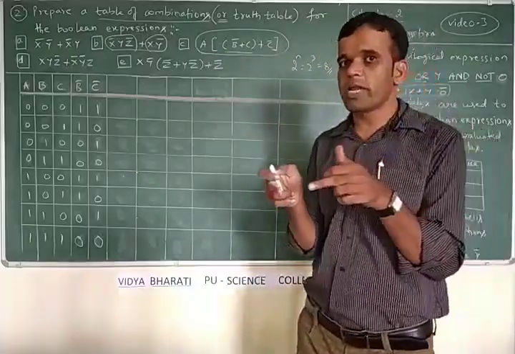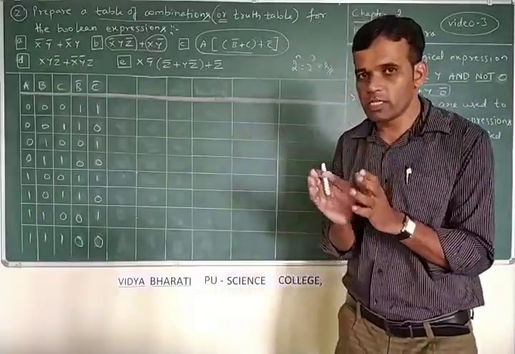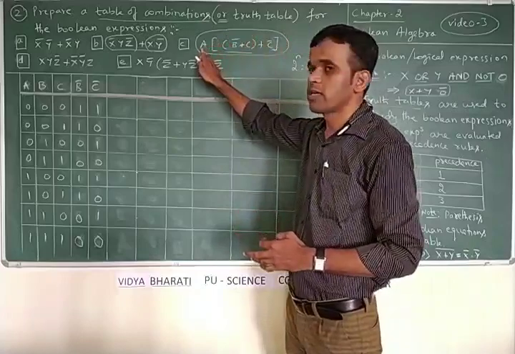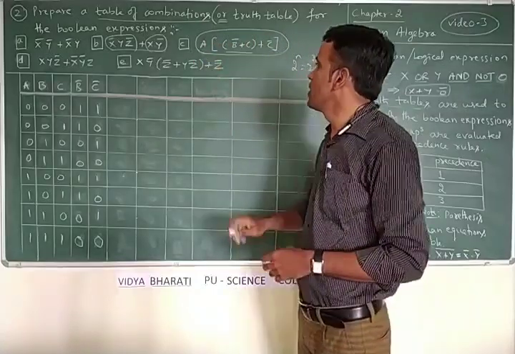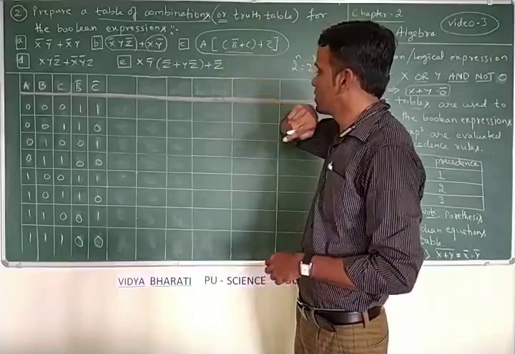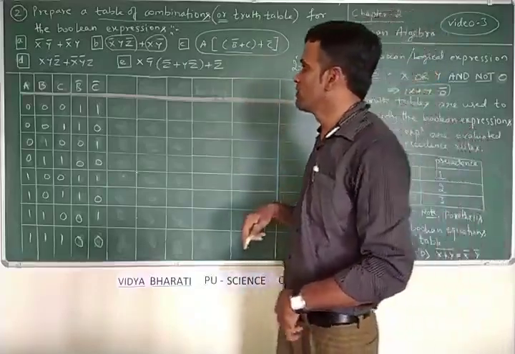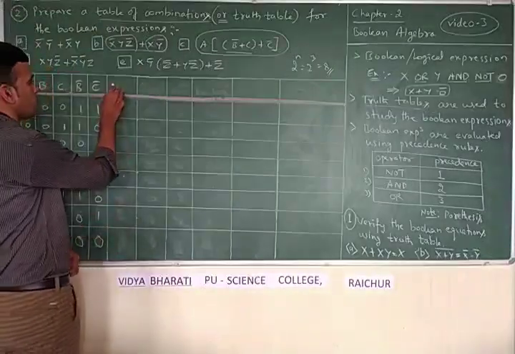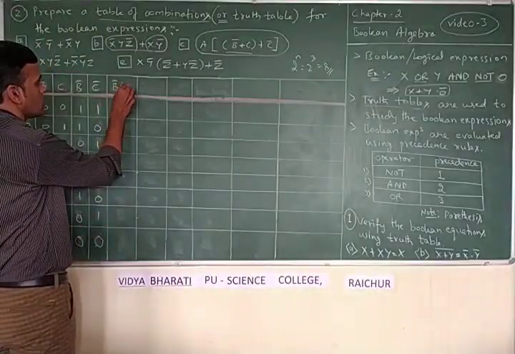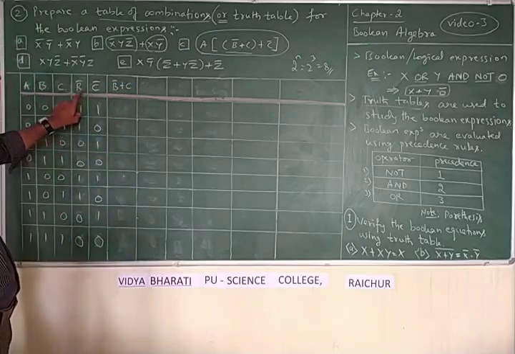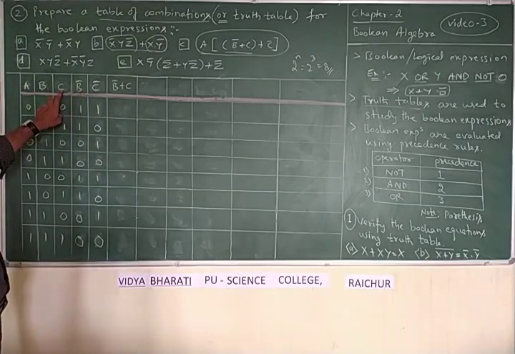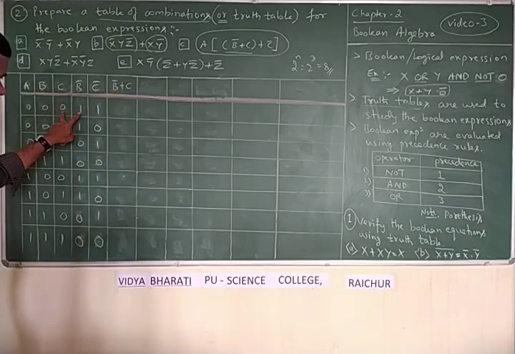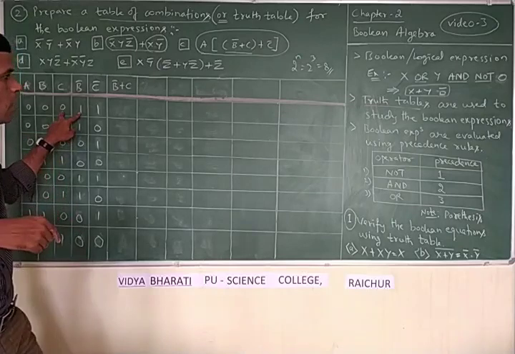Inner brackets have to be evaluated first, then the outer bracket, then we consider the variable A. So first the innermost: B bar plus C. B bar is here, C is here. Plus means between these two values, go for the logical OR operator.